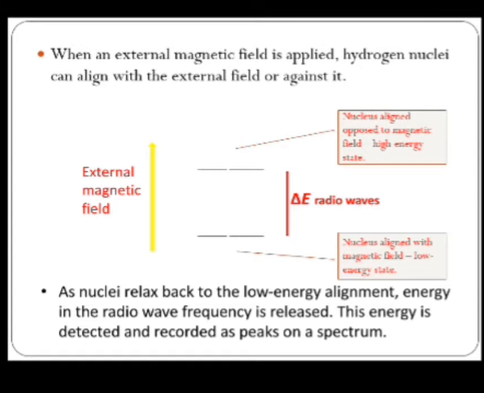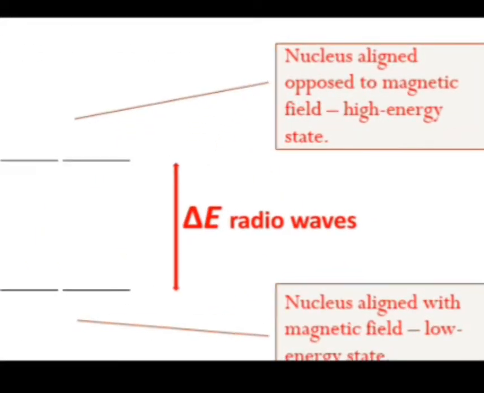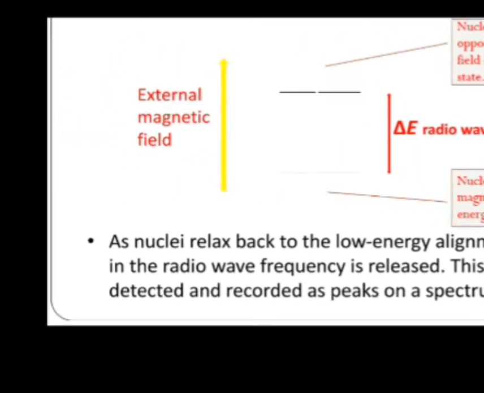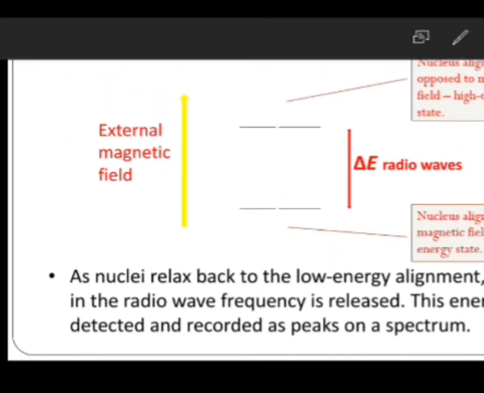As nuclei relax back to the low energy alignment, energy in the radio wave frequency is released. This energy is detected and recorded as a peak on the spectrum. Now, a nucleus aligned opposed to the magnetic field has high energy, isn't it? And when the nucleus aligns with the magnetic field, we show the low energy.